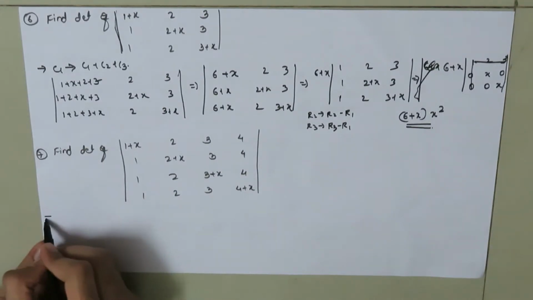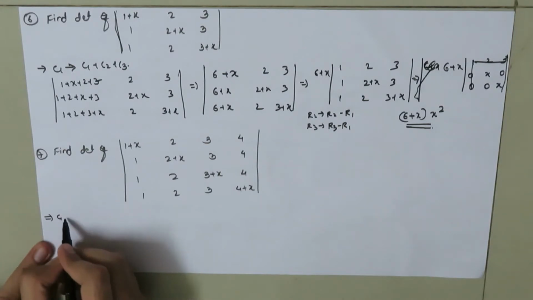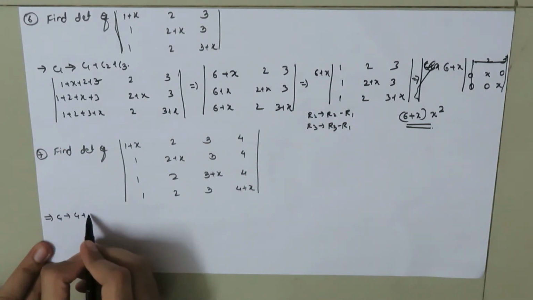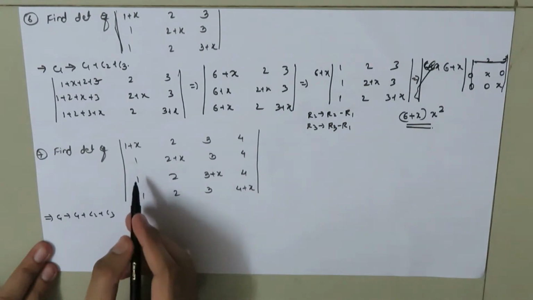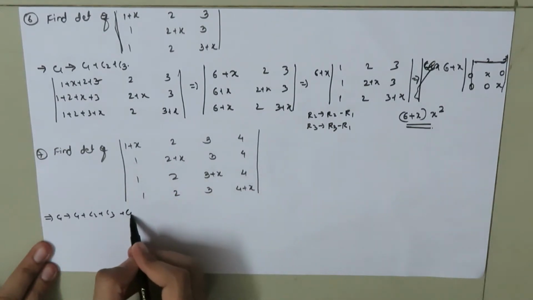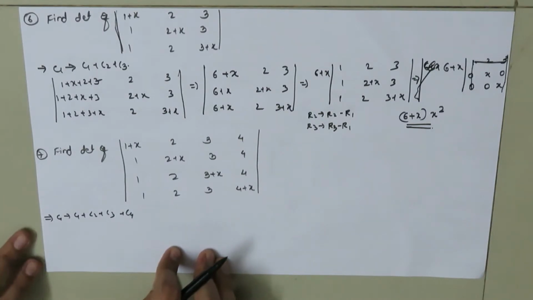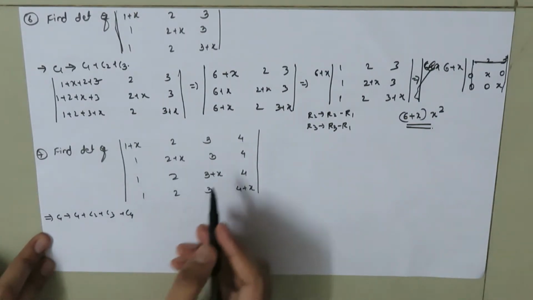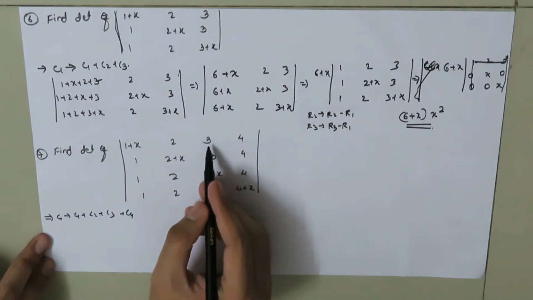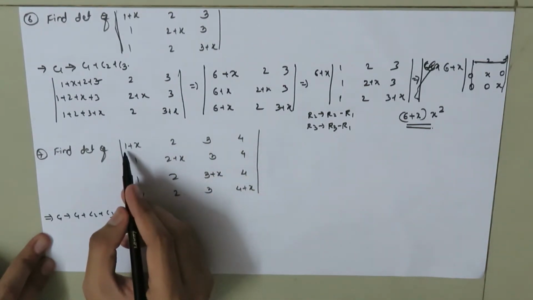And now in this case we do C1 such that C1 plus C2 plus C3 plus C4. So I can write this directly now, that is 4, 5, 6, 7, 8, 9 and 10.